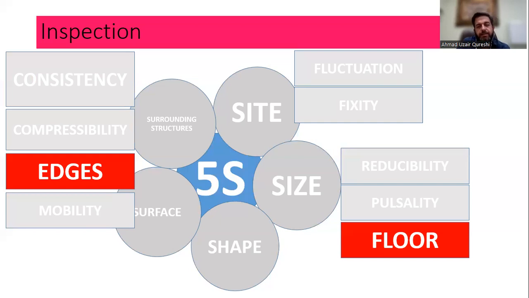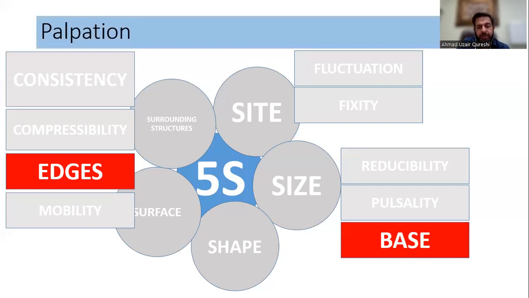It is like the furnishing of a building that you can see, tiled, with stones, chips and carpet, and then there is the base or foundation which you cannot see. You can only palpate it. So these two things you need to palpate.